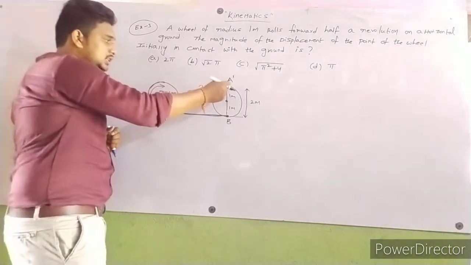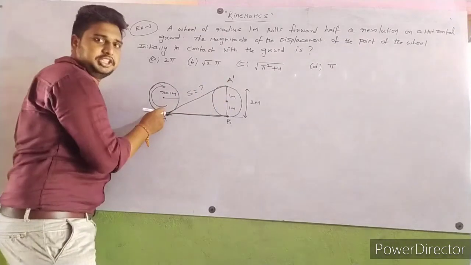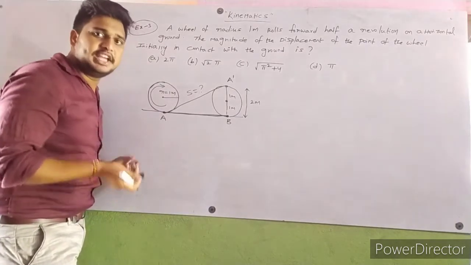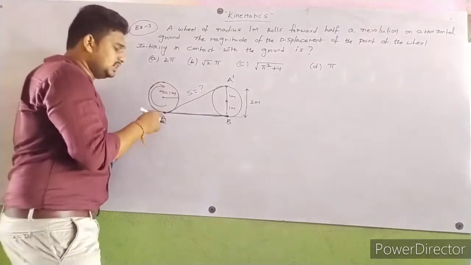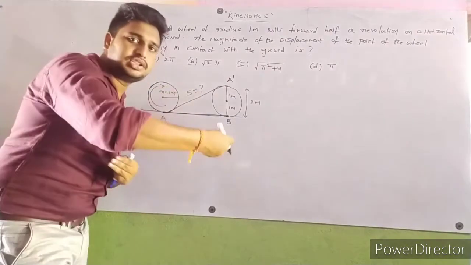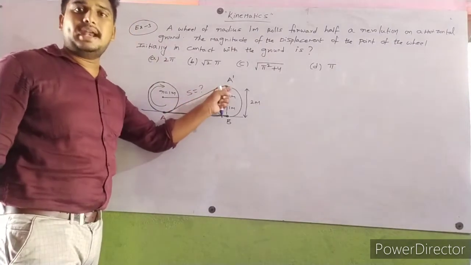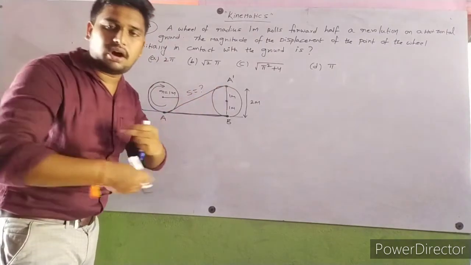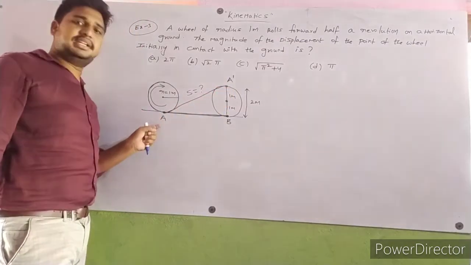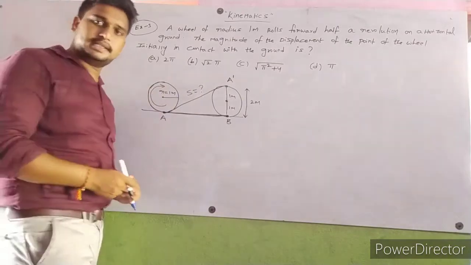Displacement means the distance from initial position to final position. The initial position is A. After half a revolution, the final position is A dash. So the distance between A and A dash is the displacement.